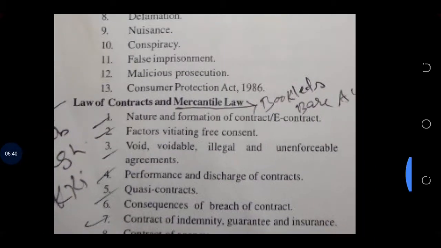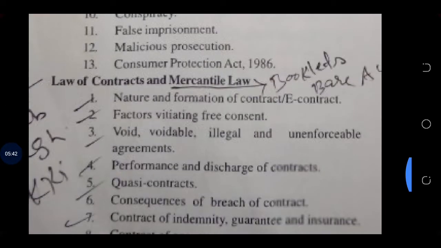And then the next topic is Law of Contracts and Mercantile Law. In this we have to read nature and formation of contract or e-contract, factors vitiating free consent.